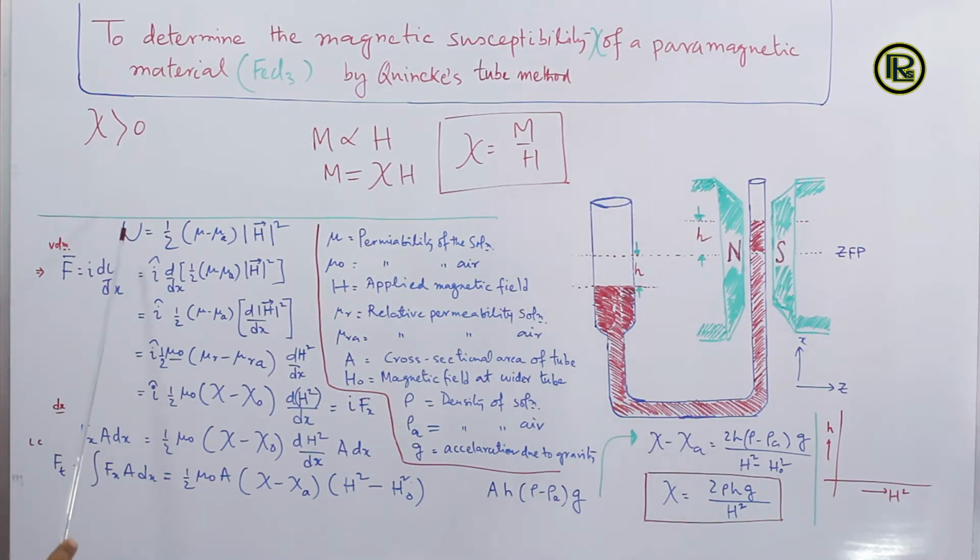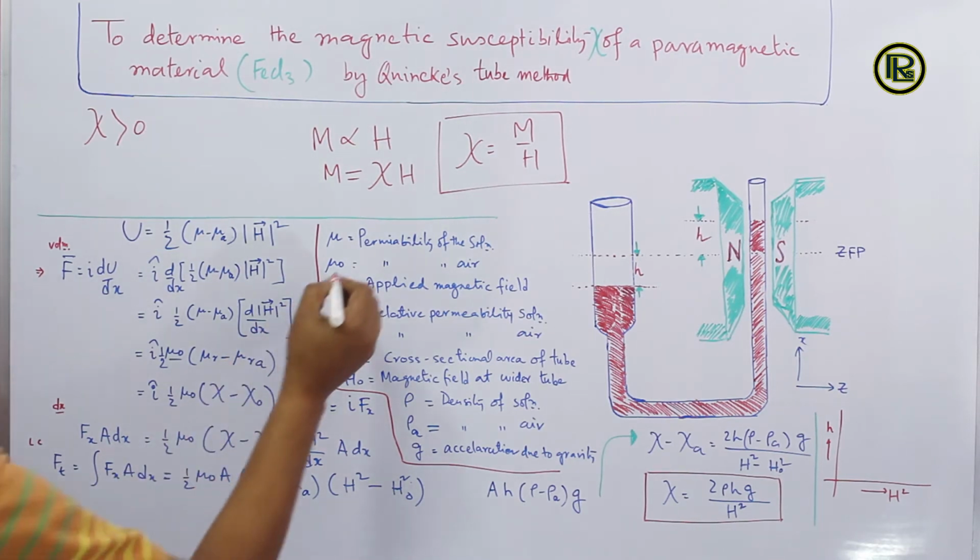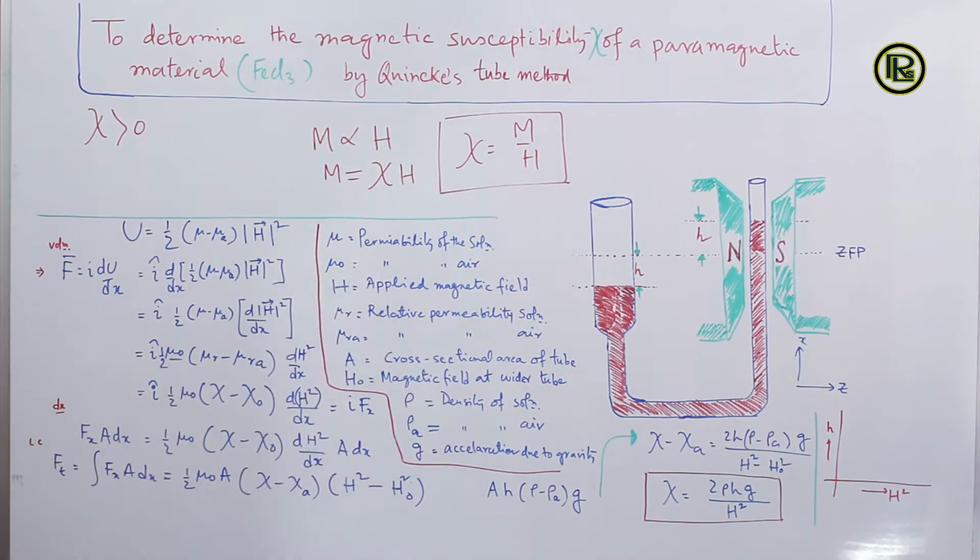As I said earlier, U, the energy density, is equal to half (mu minus mu_A) times H squared. This H is the applied magnetic field, mu is the permeability of the solution, and mu_A is the permeability of the air. Therefore, F becomes minus dU/dx, which is minus d/dx of this quantity.